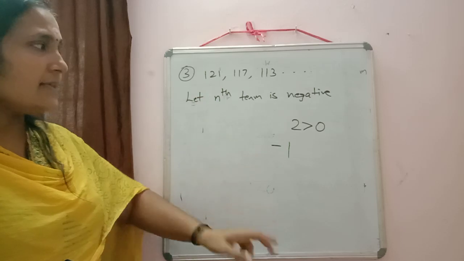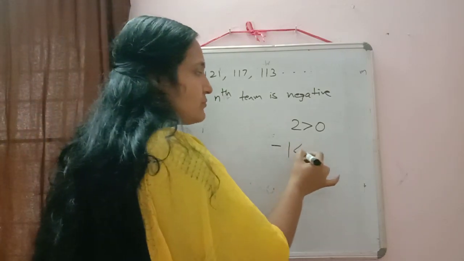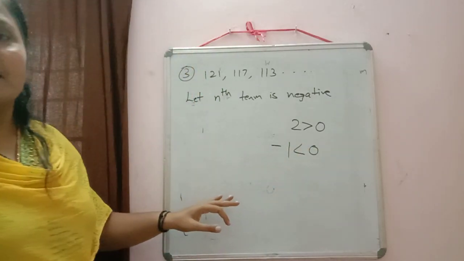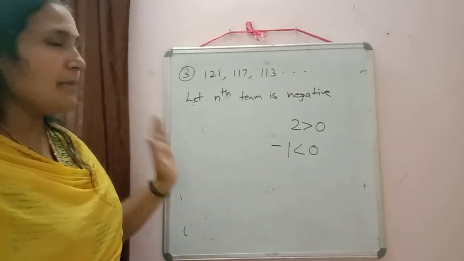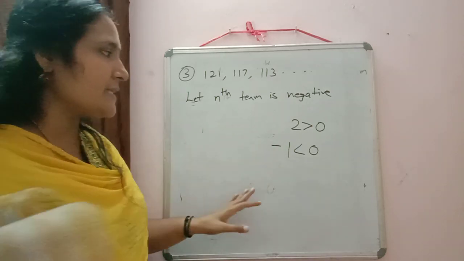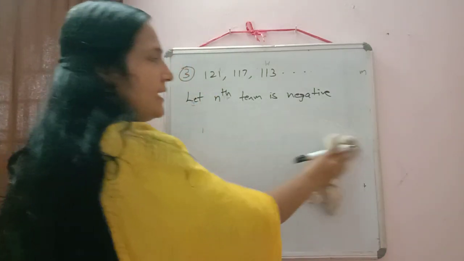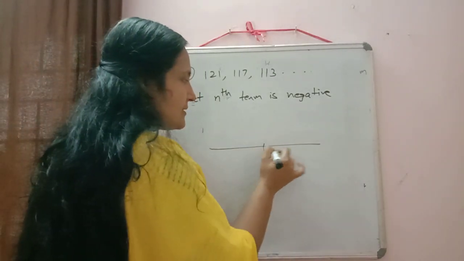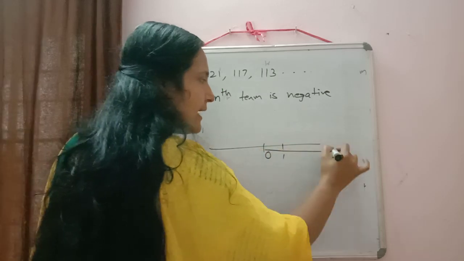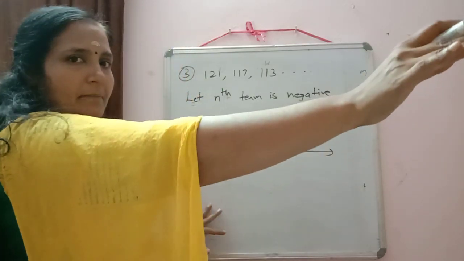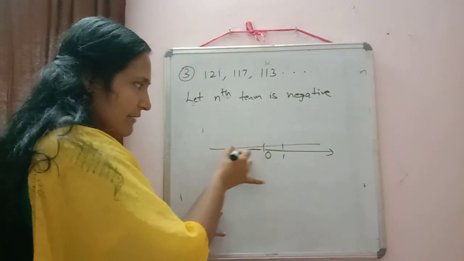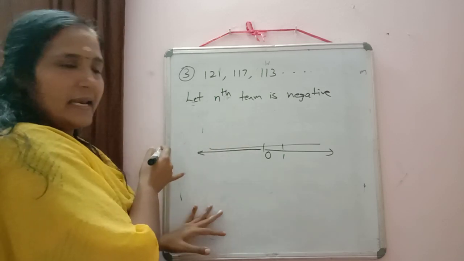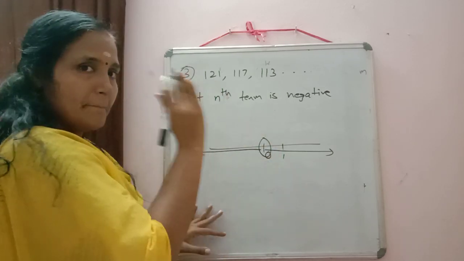No. The correct reason is that we say it is negative because its value is less than 0. If our value is coming less than 0, then only we say the number is negative, because on the number line also we write it in this way. This is 0, 1. On the right hand side of 0, all numbers are positive, and on the left hand side, all numbers are negative. 0 is in the middle there.